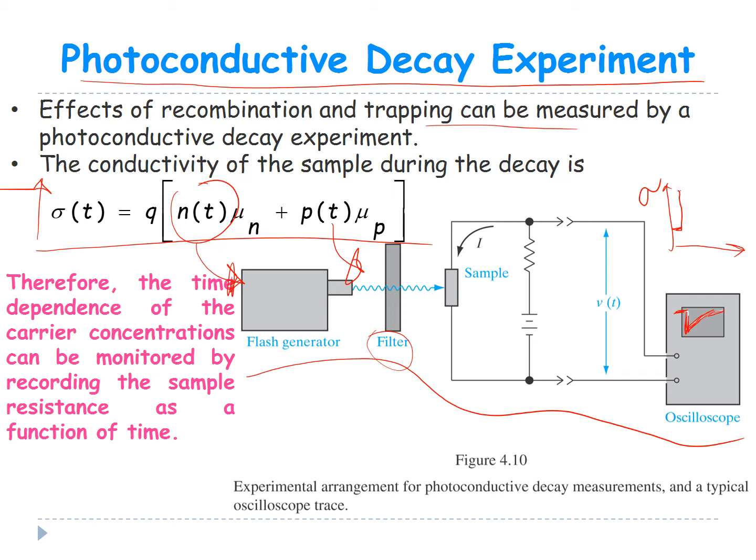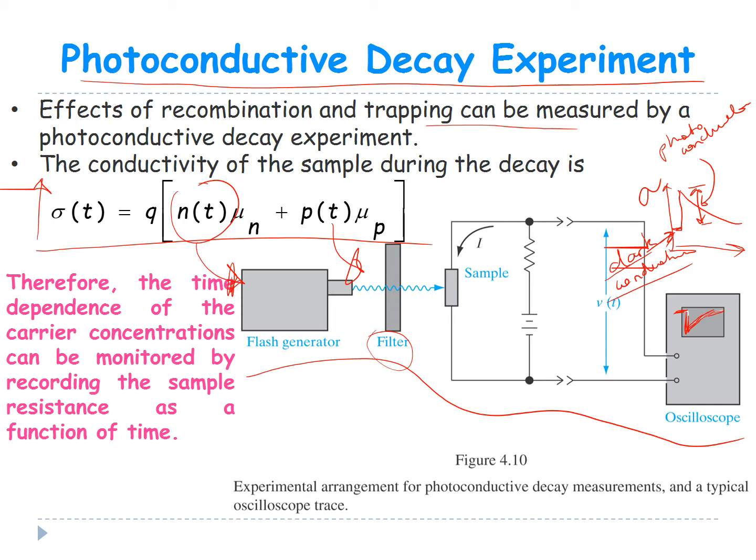The conductivity without light illumination we call the dark conductivity, because it is the conductivity of the sample in the dark. And this increase in conductivity after turning on the light is what we call the photoconductivity.